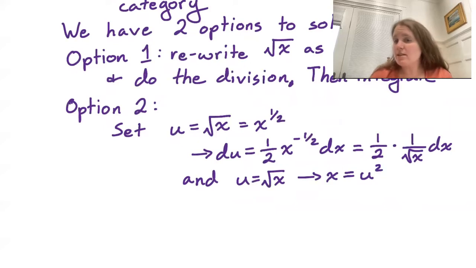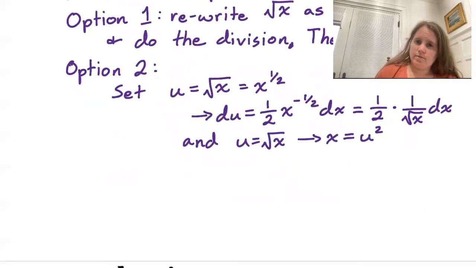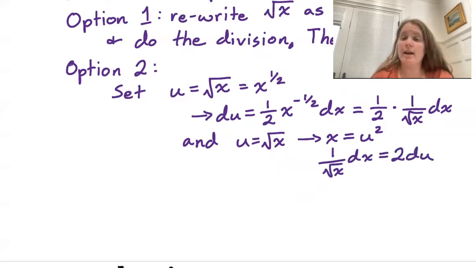So we can just replace the entire problem with u's instead of x's. So we have x is equal to u squared. The other piece of information we have, again, 1 over square root x dx would be equal to 2 du, since du is equal to 1/2 of 1 over square root x dx.